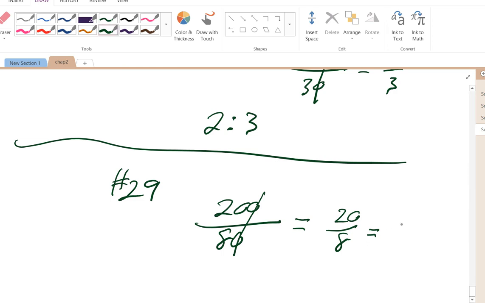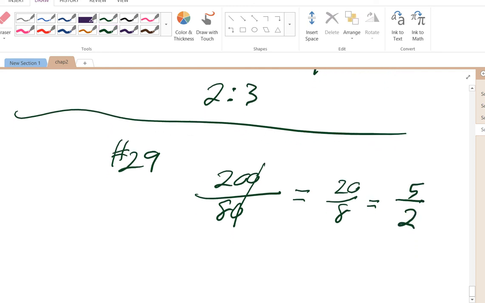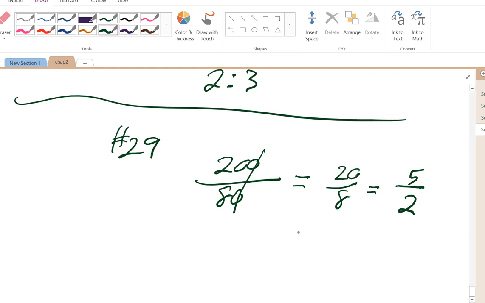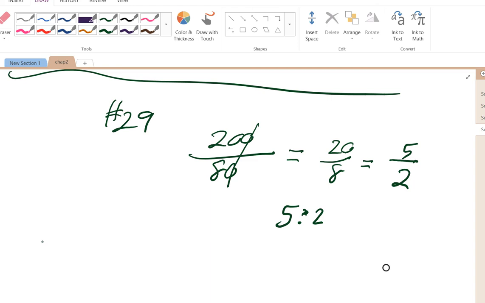So 4 can reduce into that. It's going to leave us with 5 halves. Right, that's what you meant. And then as a colon, we're going to write it as 5 to 2. All right. So whatever word they mention first is always the one that's going to go on top. In this case, it was strong to weak. Okay, so we put the strong on the top.